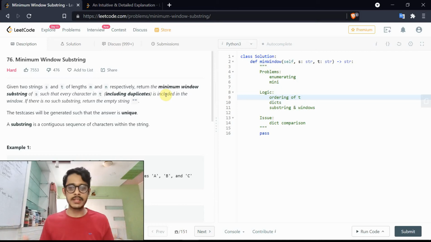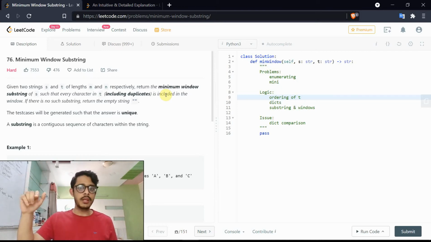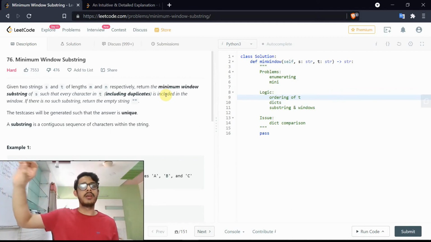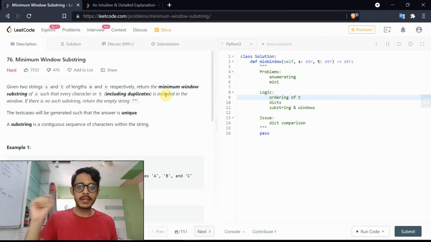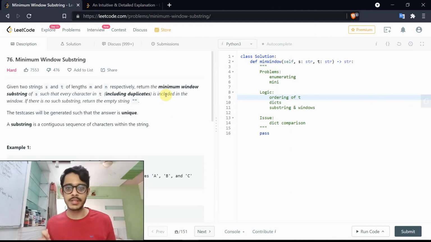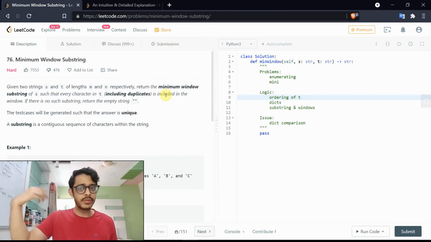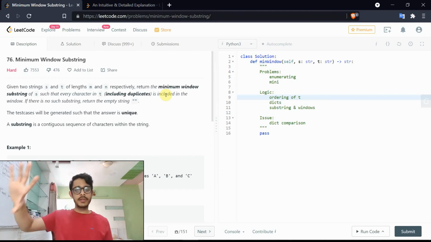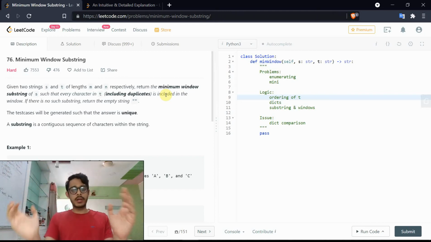What it essentially means is that inside of T, you have certain characters, A's, B's, and C's, and you can compress them and say, this is the amount of A's in it, this is the amount of B's in it, this is the amount of C's in it. The ordering of these three does not matter within themselves, but their values, the keys and the values, both do. And you can just take this dictionary and compare it to the string given to you.